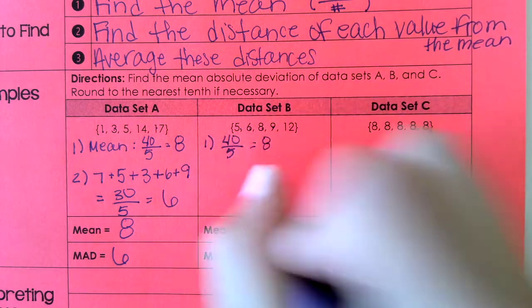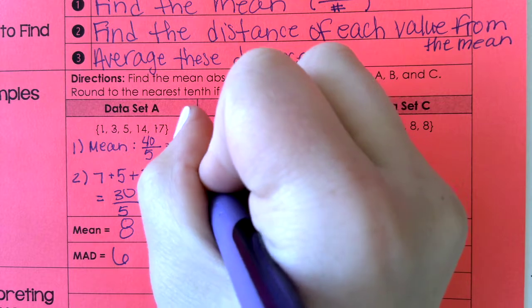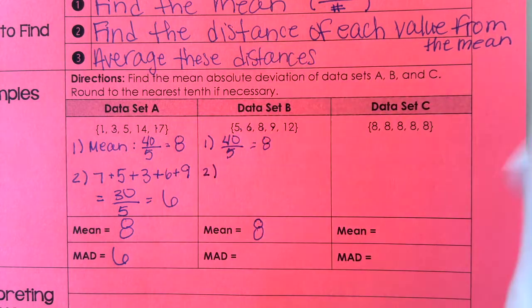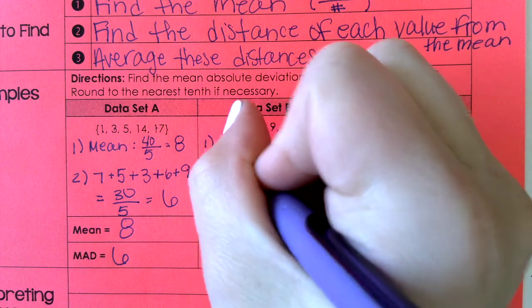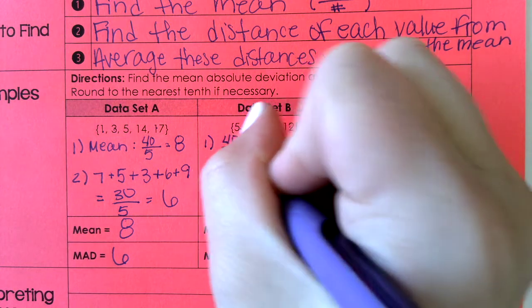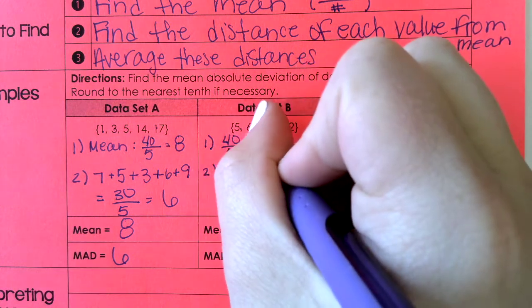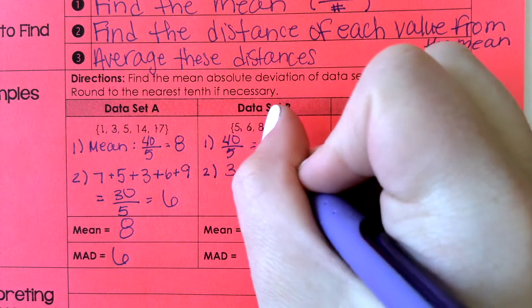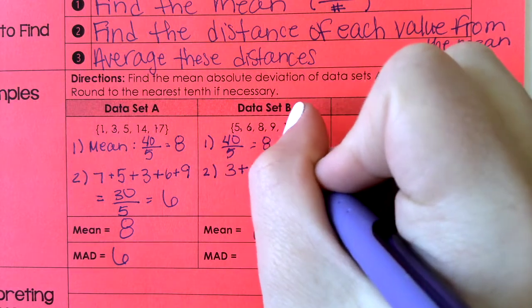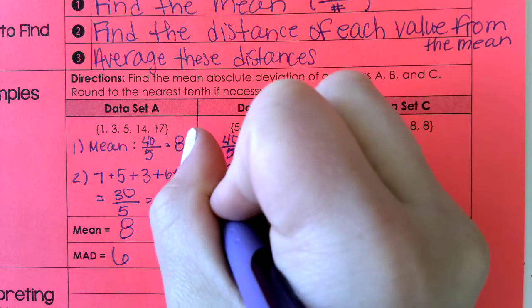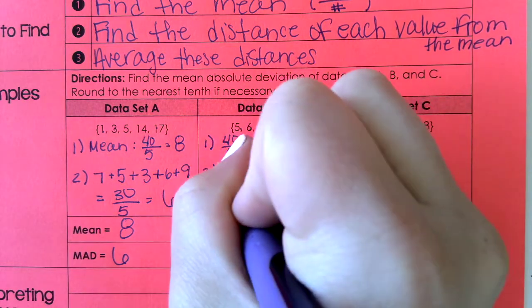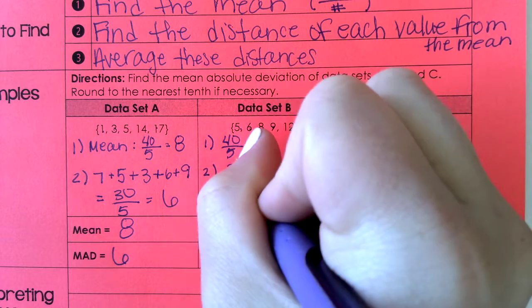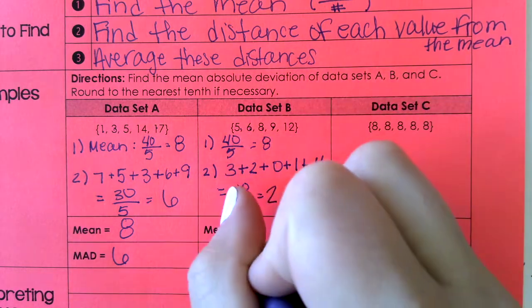So my mean here again is 8. How far away is 5 from 8? How far away is 6 from 8? How far away is 8 from 8? 0. 9 and 12. I'm going to add those together to get 10. Divide that by 5, and my MAD is 2.